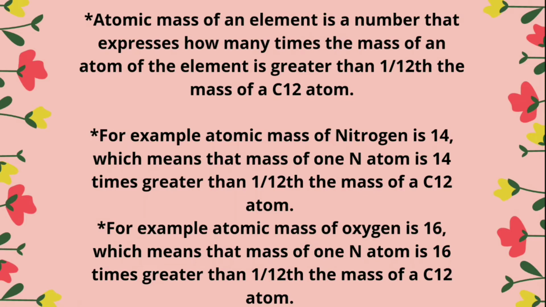For example, atomic mass of nitrogen is 14, which means that mass of one N atom, that means nitrogen atom, is 14 times greater than 1/12 the mass of a C12 atom. For example, atomic mass of oxygen is 16, which means that the mass of one O atom is 16 times greater than the 1/12th mass of a C12 atom.